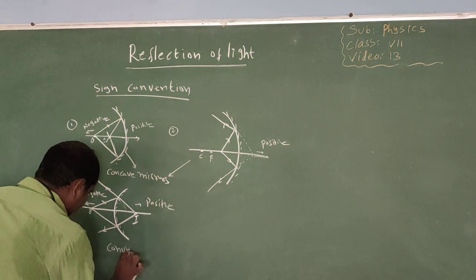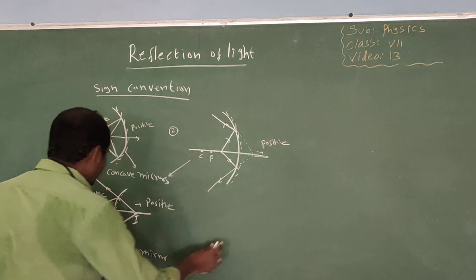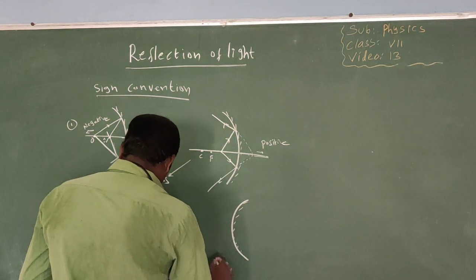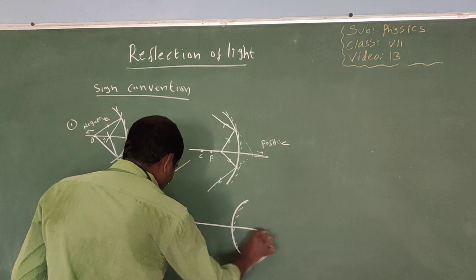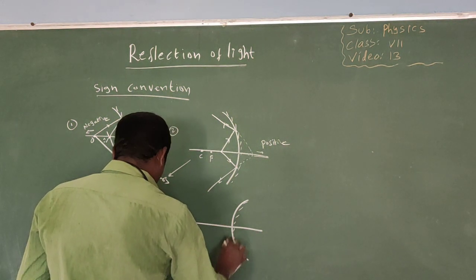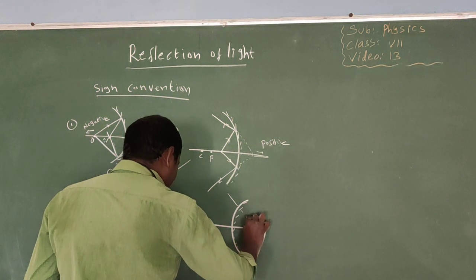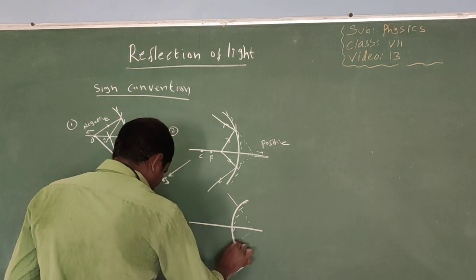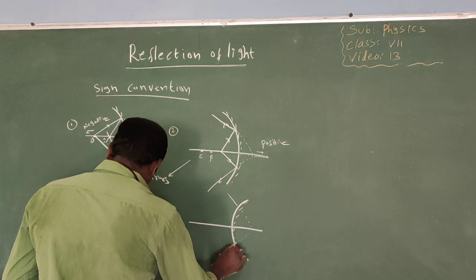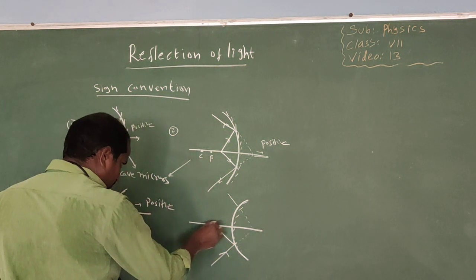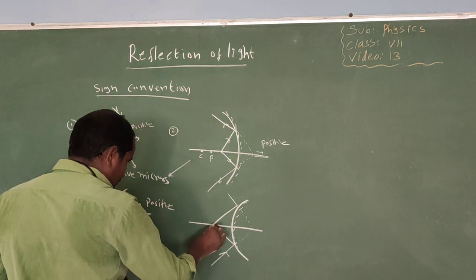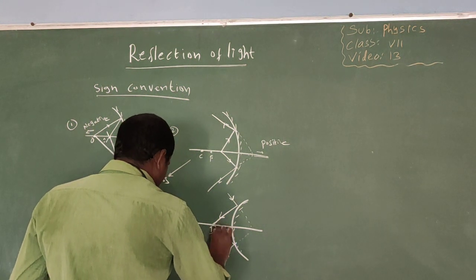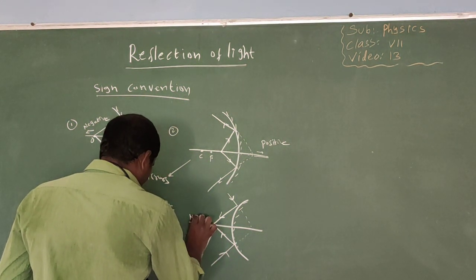Convex mirror, this is also a convex mirror. This is the incident ray. The image is here, so it is negative.